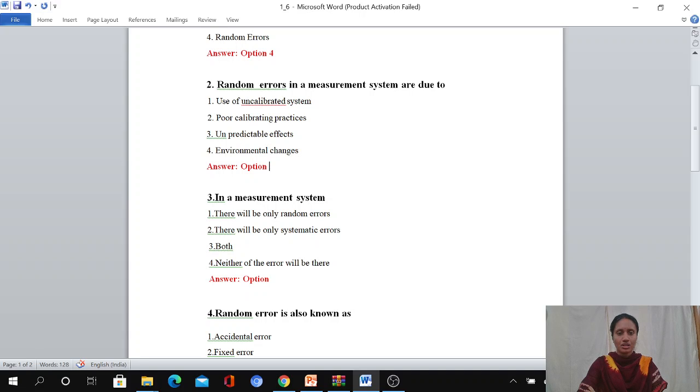Whether we can predict this random error? It may be any type of error, so it is an unpredictable effect. So random errors in a measurement system are due to unpredictable effects. The answer is option 3.